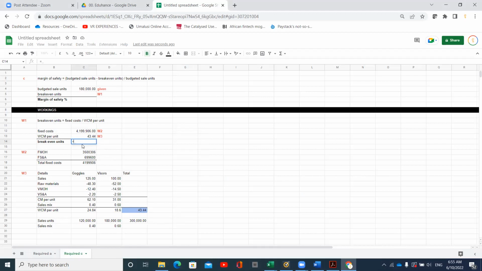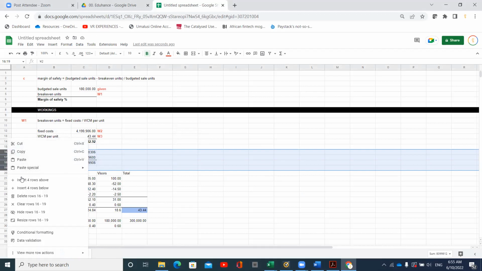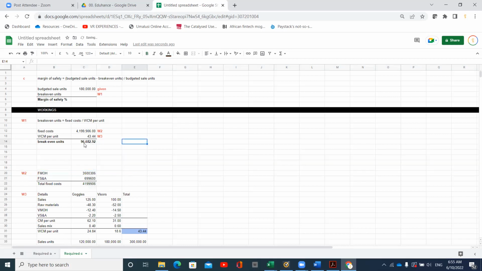We're going to say equal that divided by 43 Rand 44. So the weighted contribution is 96,682.